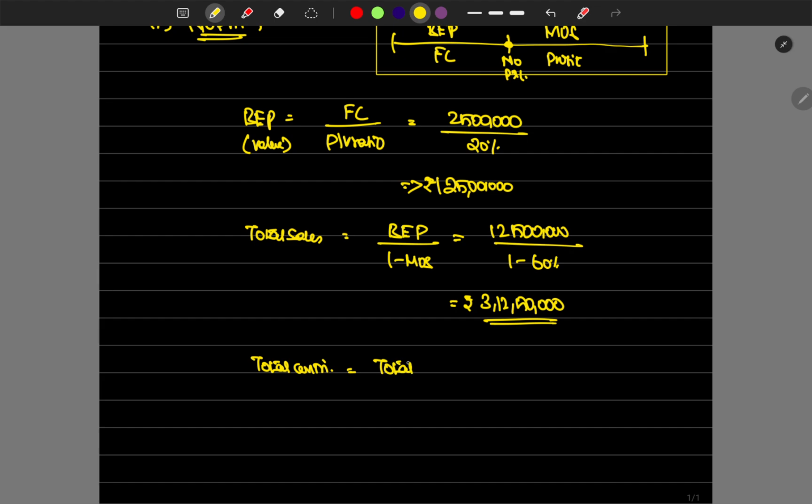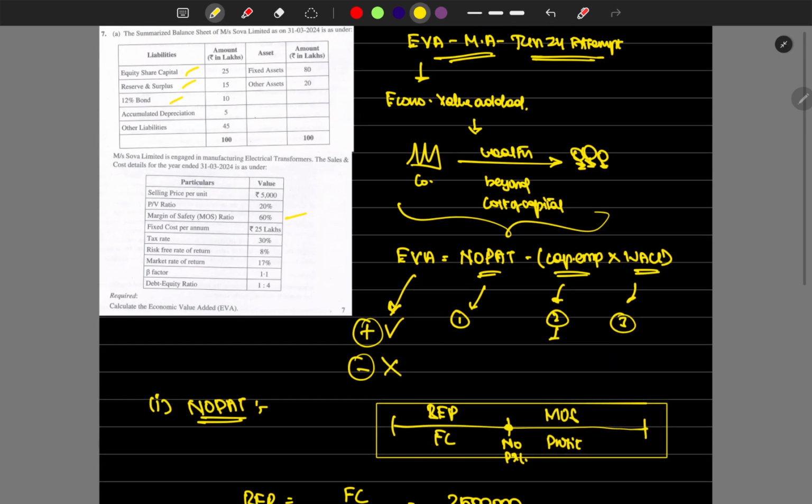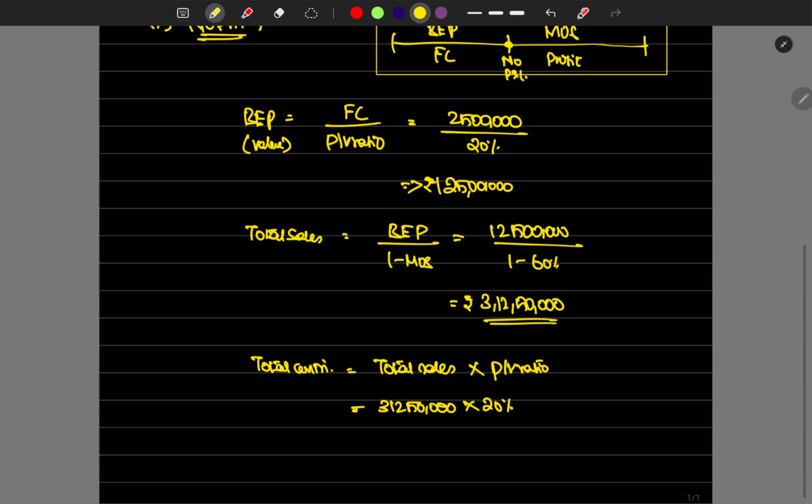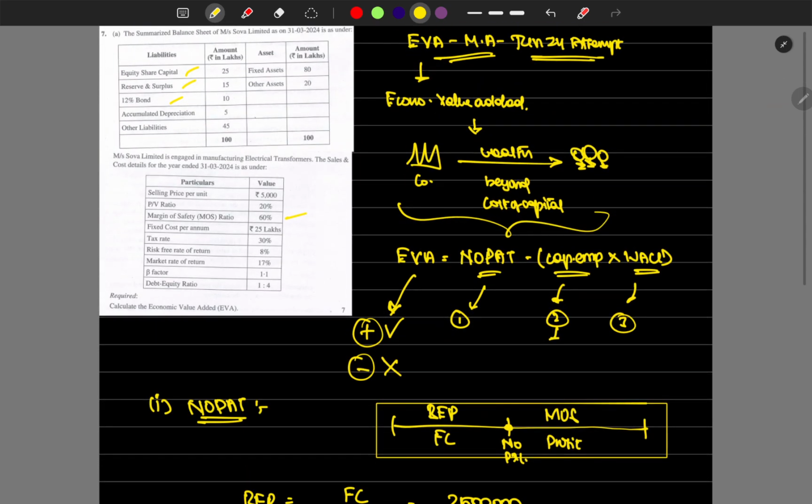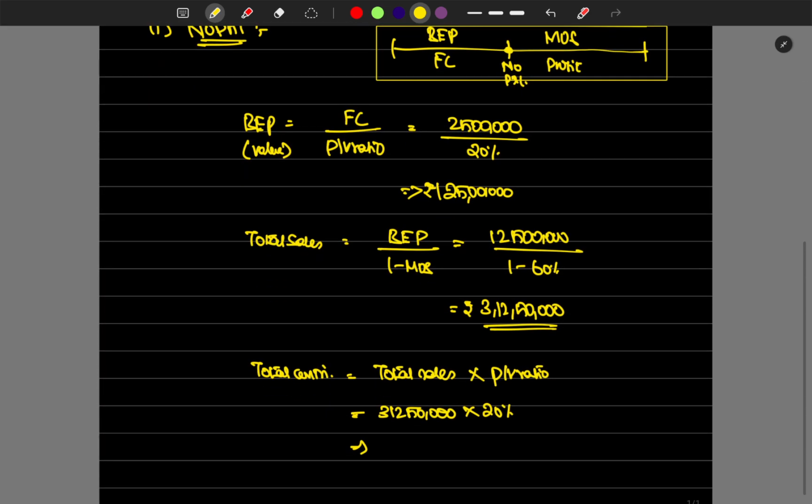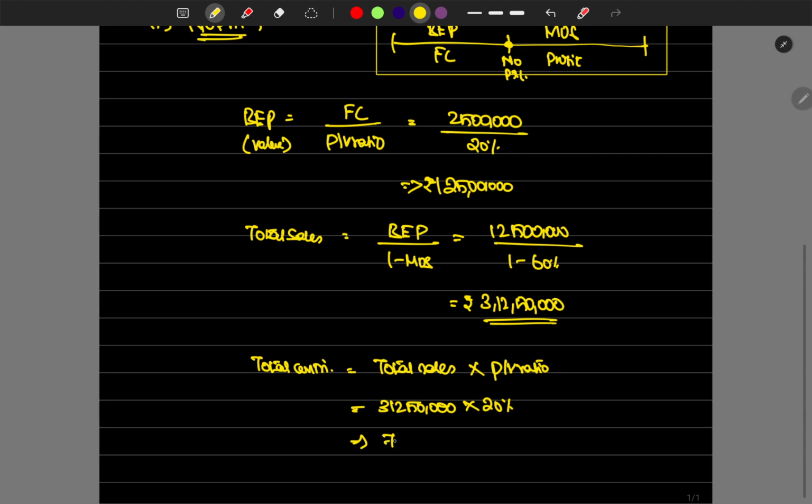Total sales into PV ratio gives the contribution. 3 crore 12 lakh 50,000 into PV ratio, which is 20%.